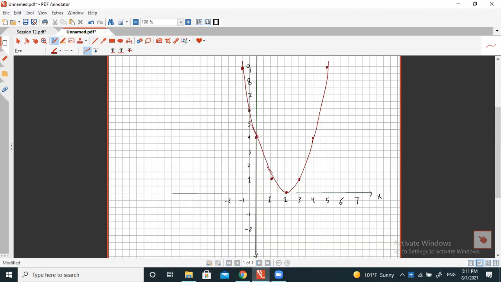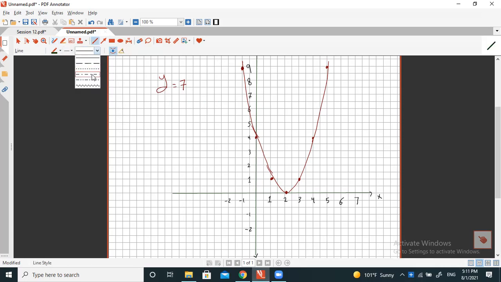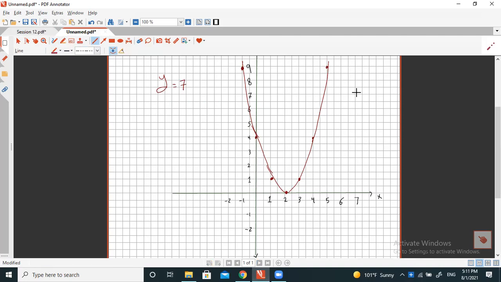The first step, we draw the curve here, and now we need to draw y equals 7. Like we should point at 7, then go right till it reaches the curved line, and then go down to see the number x.